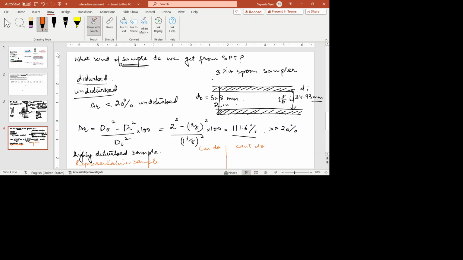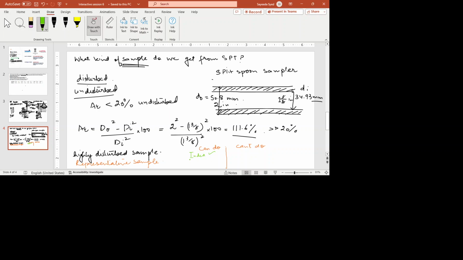If we talk about the index properties, we can do that because it does not need a particular stress state condition from the soil.